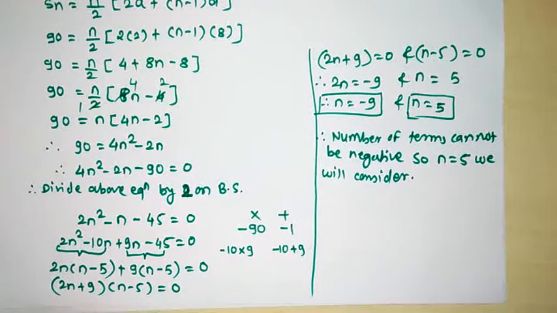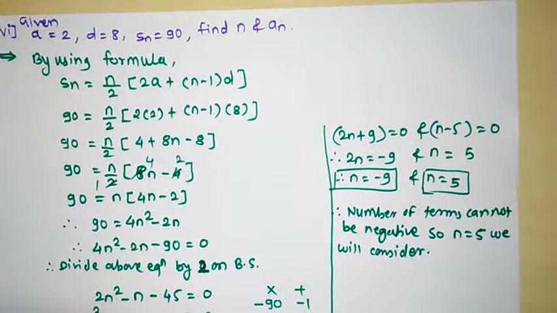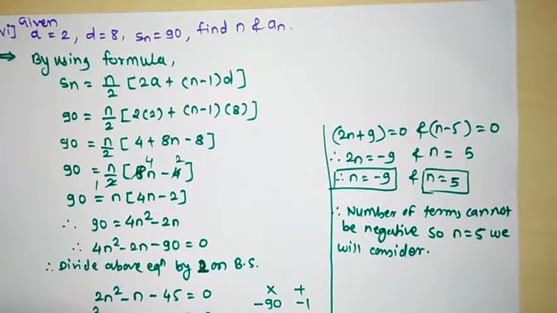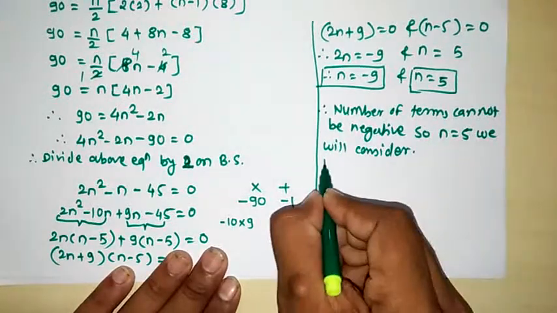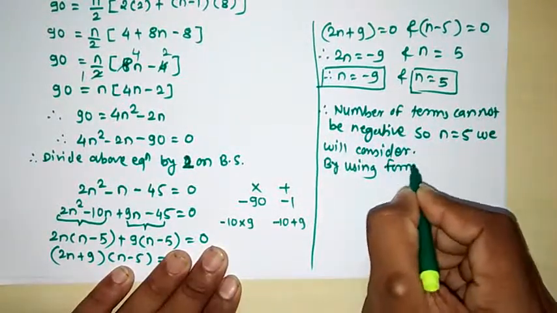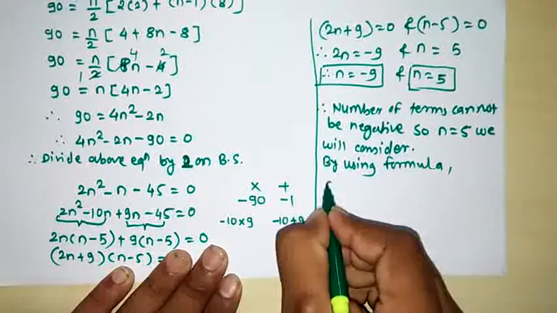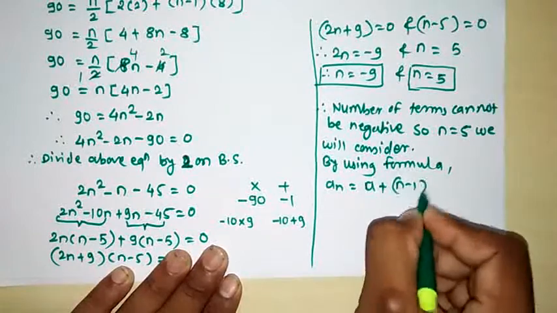Now what we have to find? What is the question? See here, in question we have to find n and an. Now we got n is equal to 5, we can easily find the an by using formula. An is equal to a plus n minus 1 into d.